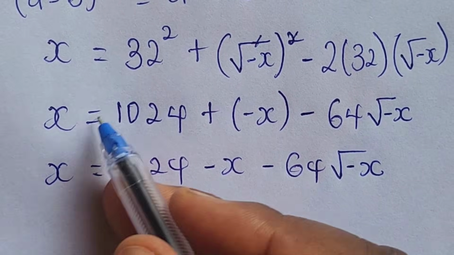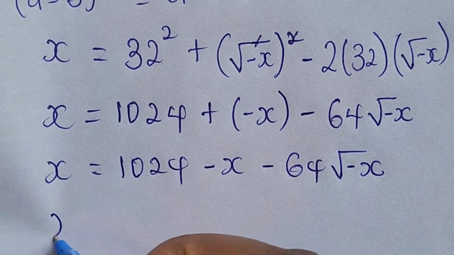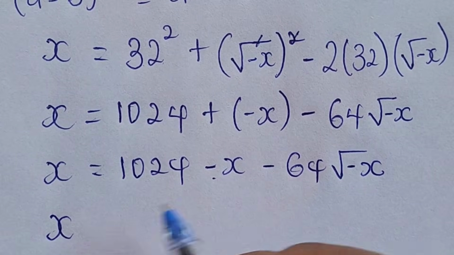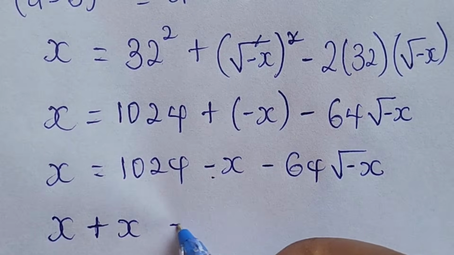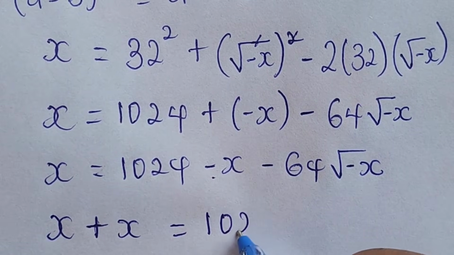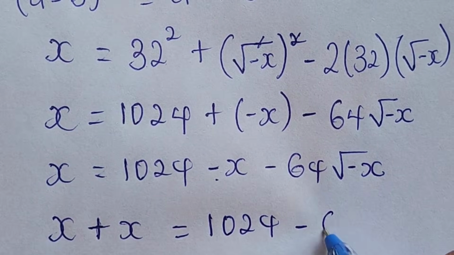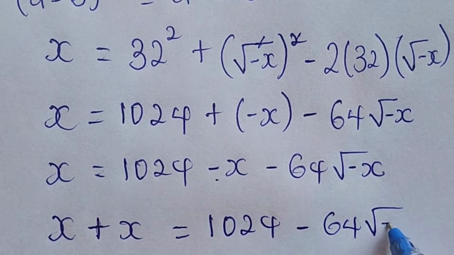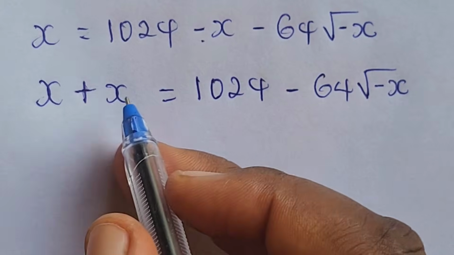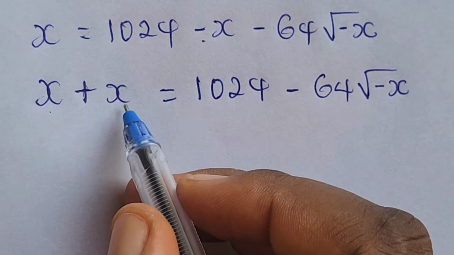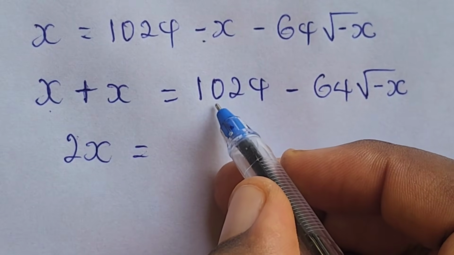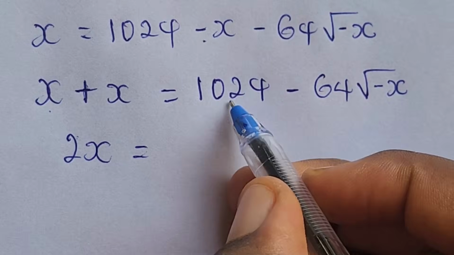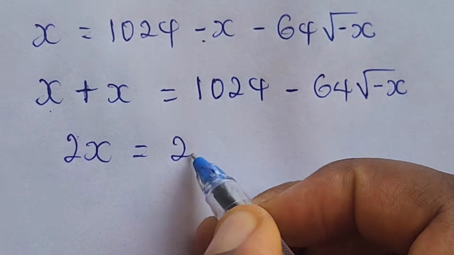So let's move this over to the left. We have x, this one crossing over becomes plus x is equal to 1024 minus 64 root minus x. So from here, we have x plus x, which is 2x, is equal to, we have a common factor here, which is 2.